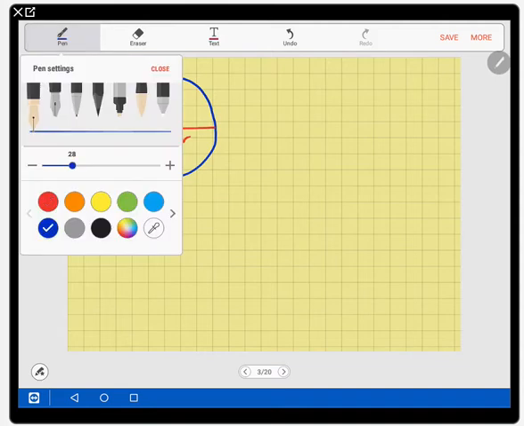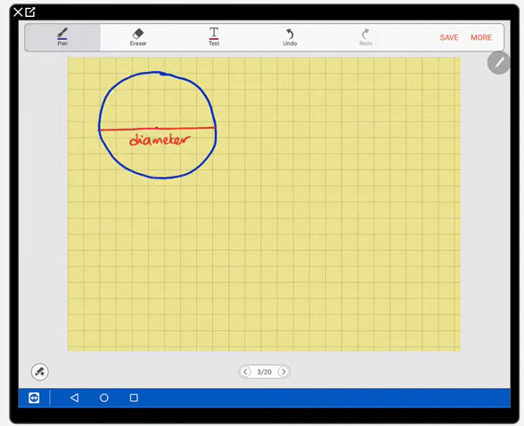From these 2 points, from the diameter, if I choose any point on the circle and I join it to the 2 ends of the diameter, let's call these A and B.